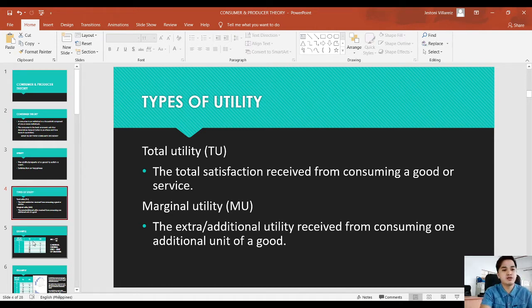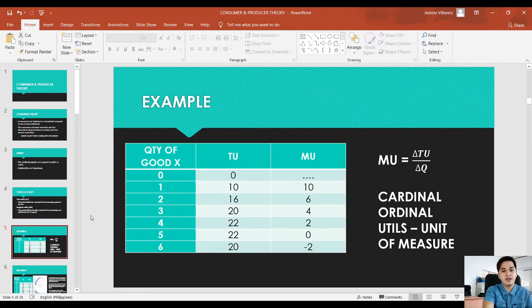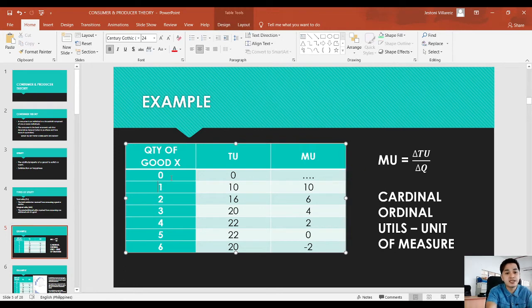Now this is how it looks like. Let's say we have good X. Let's say we consume 0 good X. Obviously, we didn't consume anything, so our happiness or total utility is 0.